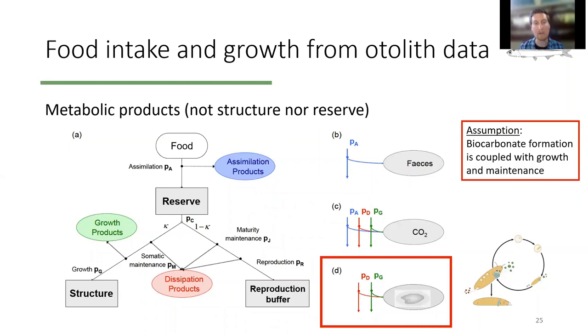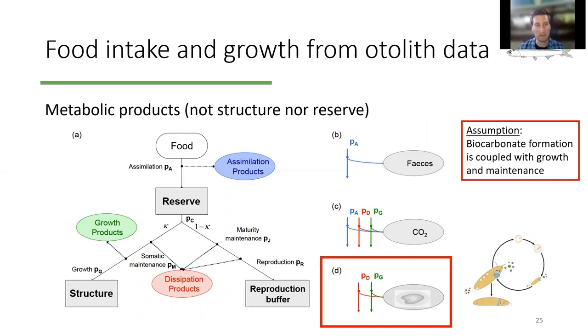Products in DEB theory are the result of the contribution of three organizing fluxes, namely the assimilation, growth, and dissipation fluxes. For instance, feces receive a contribution from the assimilation flux, and respiration, or the release of carbon dioxide, is also a weighted sum of the three fluxes.